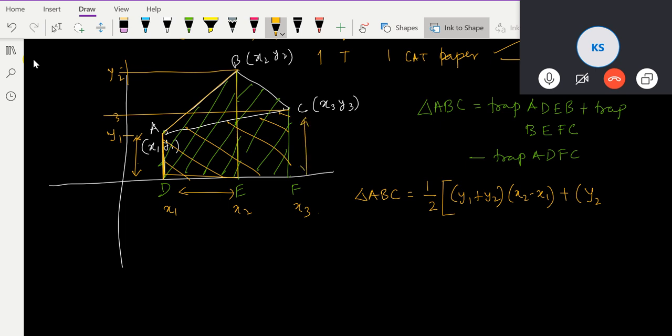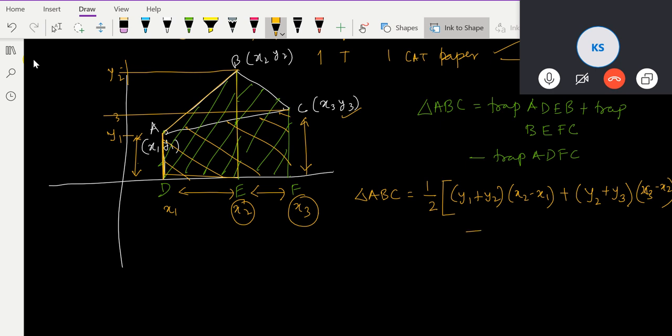FC is y3. What is EF? That would be x3 minus x2. So this is my second trapezium.